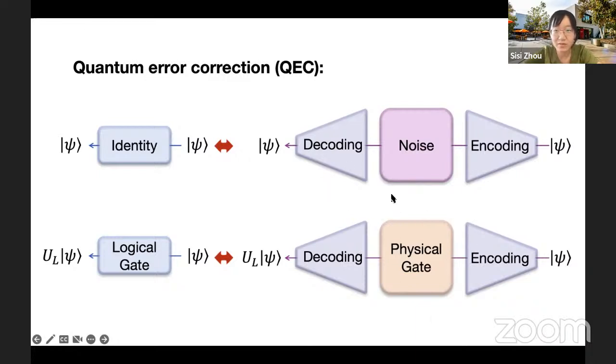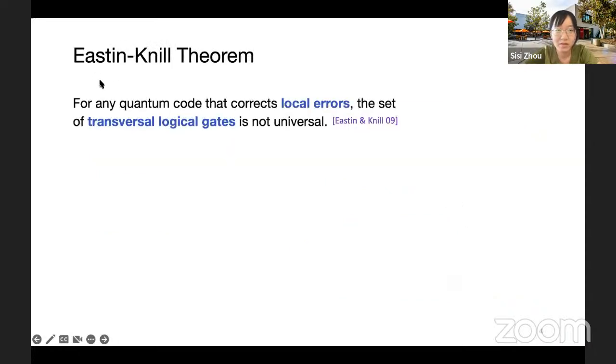This is actually a key observation leading to the proof of the Eastin-Knill theorem. The Eastin-Knill theorem is a no-go theorem stating that any quantum code that can correct local errors does not have a set of transversal logical gates which is universal.